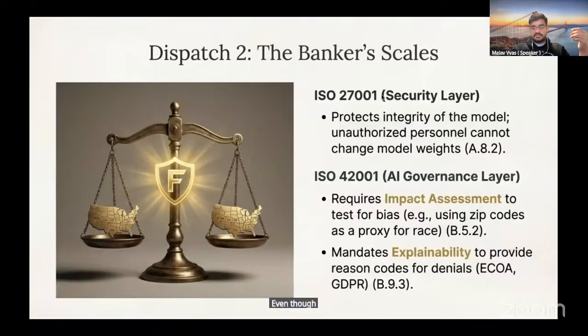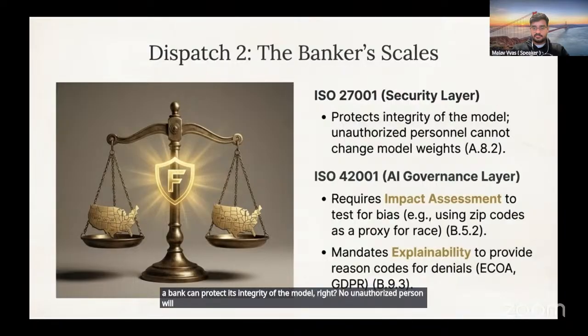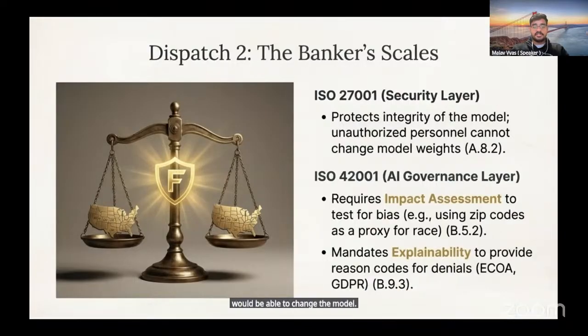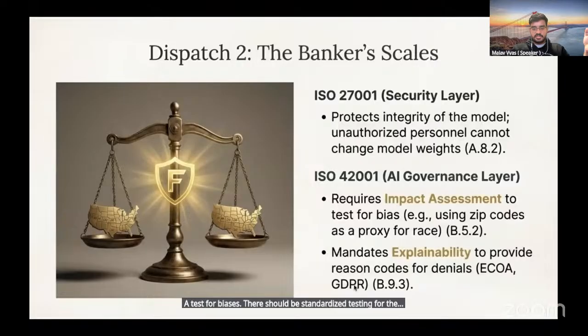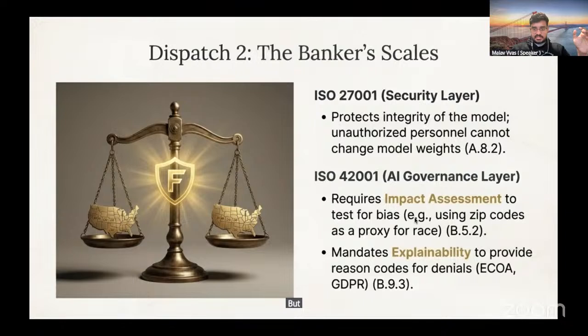Even though in 27001, a bank can protect the integrity of the model, right? No unauthorized person would be able to change the model. No one can just break into the system and change the AI model. But even if the AI model is not modified, there should be an impact assessment, a test for biases. There should be standardized testing for AI models, which is available through OWASP. That should be done, right?